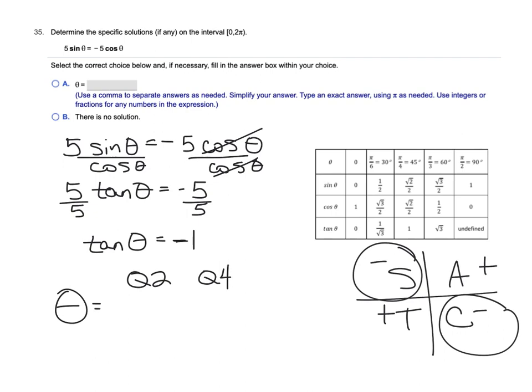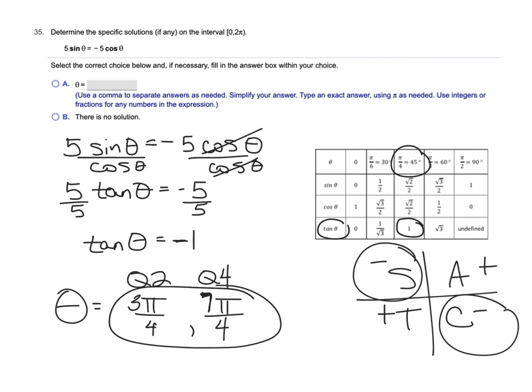In my reference chart, tangent is 1 at pi over 4. Okay, that's my reference angle. That's not my quadrant 2 angle. That's a quadrant 1 angle. So let's write it as quadrant 2. That would be 3 pi over 4. Right, and then quadrant 4, once again, double the denominator, you get 8, take away 1, that's a 7. That's my answer.